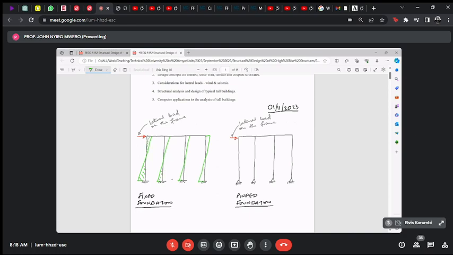Because it is fixed, we will have a bending moment at the foundation. The analysis will allow us to load some bending moments there. The frame that is pinned at the support, with the columns pinned at the foundation, the bending moment will be like this, with 0 moment going to the foundation.